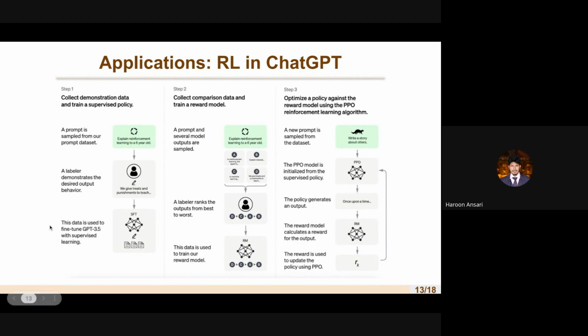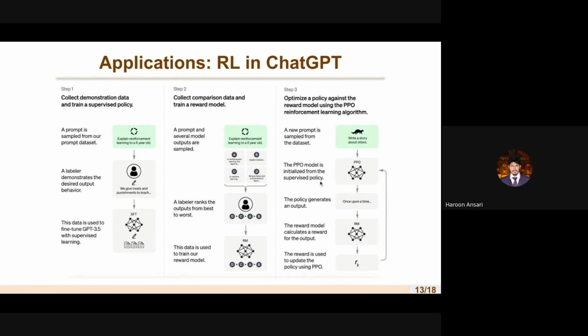Now, coming to the original model, they use the PPO algorithm to decide what response it should be outputting. PPO is a policy-based method of RL; we saw that there were two umbrellas, one is value-based and the other is policy-based. PPO is proximal policy optimization.